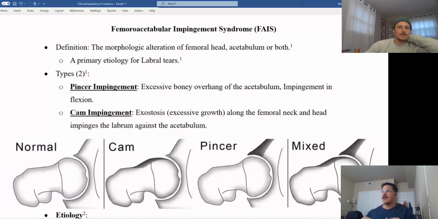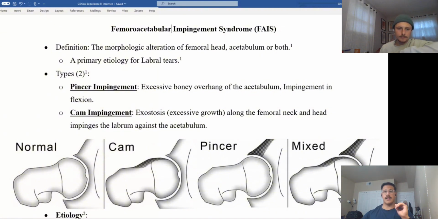All right. Starting, we already know kind of what FAI is. It's morphological alteration of the femoral head, acetabulum, or both. I have some images down there for reference on the types of impingements that can occur, and these are all bony issues. A pincer is going to be more of the acetabulum itself coming over and engulfing the femoral head a little bit more.